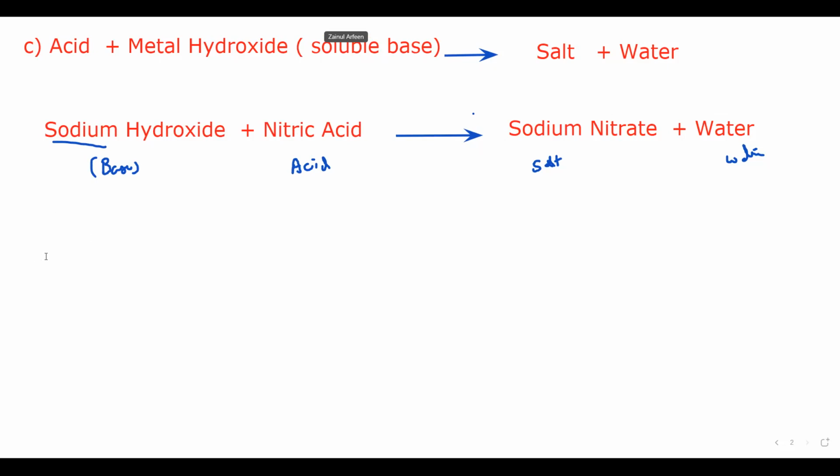Another example, if we have potassium hydroxide mixed with sulfuric acid. So the first name of the salt is from the metal, starting with the metal name, and the second name is from the acid which reacts. So this is a base, here sulfuric, that is acid.